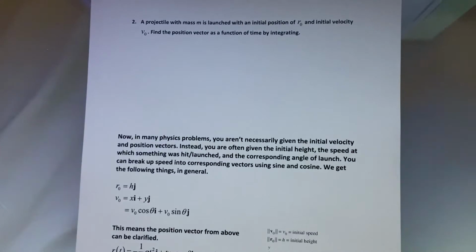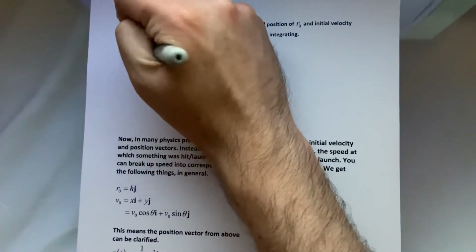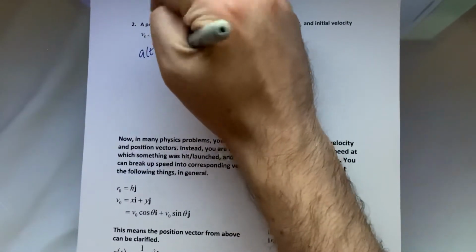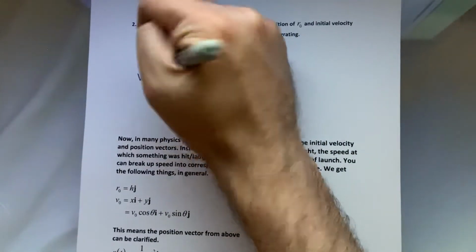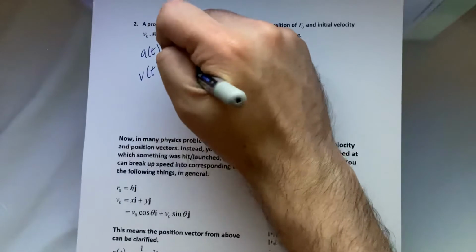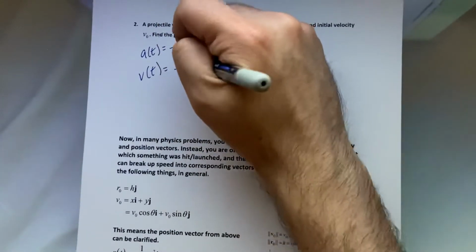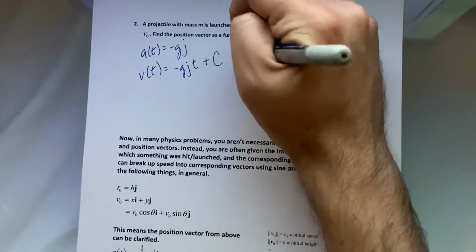A projectile with mass m is launched with an initial position of r0 and initial velocity v0. Find the position vector as a function of time by integrating. All they're asking you to do is take your acceleration function, which is negative gj, and integrate it with respect to t. So that would be negative gj is constant, times t plus c.